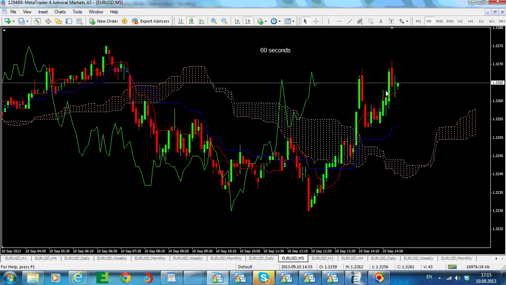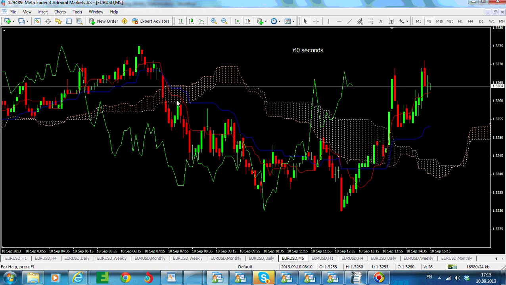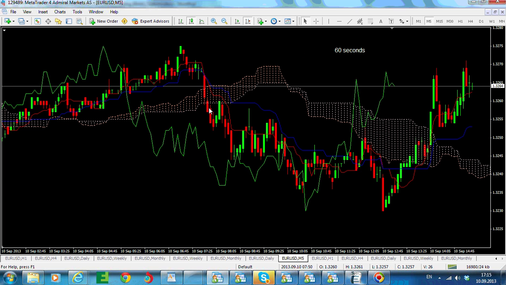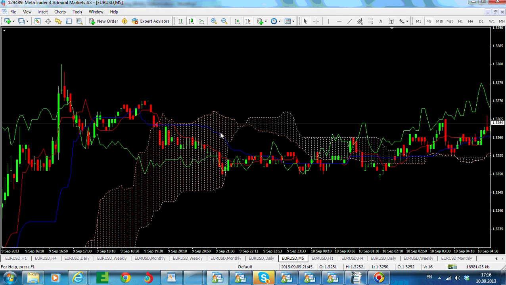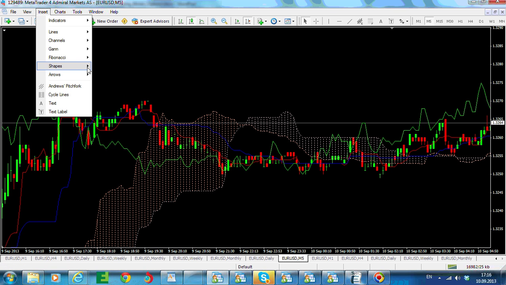One-touch options work like a charm with ranging, so identifying a range even on the 5-minute chart can be used in trading one-touch options, as ranges are defined by price constantly crossing a specific level. For example, here this is a 5-minute chart, and you might decide that this is a range. Let me try to find the channel somewhere.